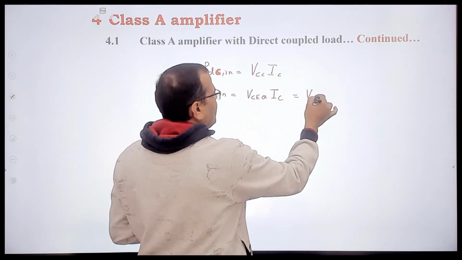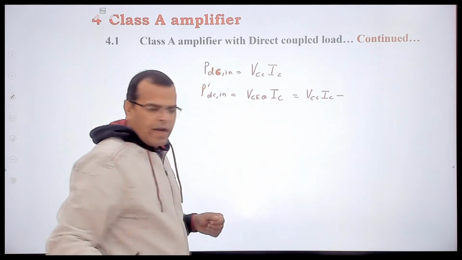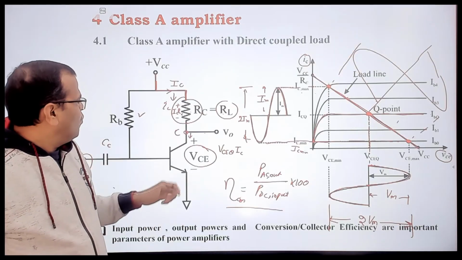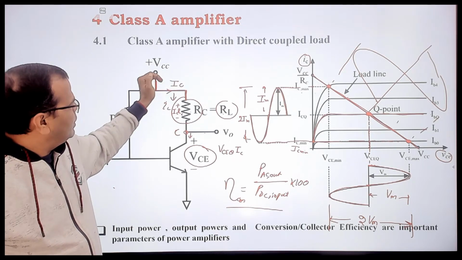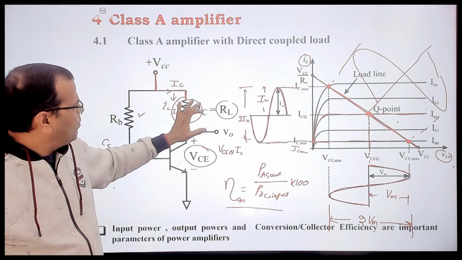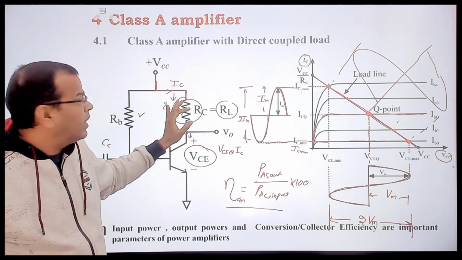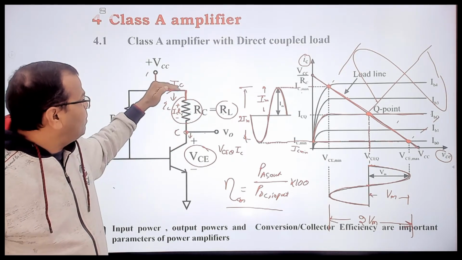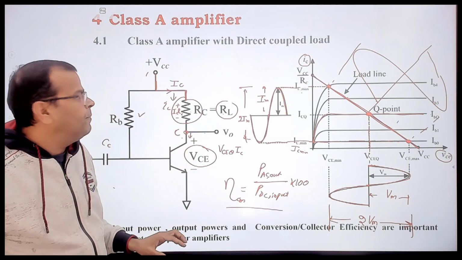So here, if you find the overall expression, this will be equal to the power coming from the DC source, minus the power loss in the resistance. Power loss in the resistance is I square into R. So the power coming from the DC supply minus the power loss in the resistance will be equal to the power coming to the BJT.